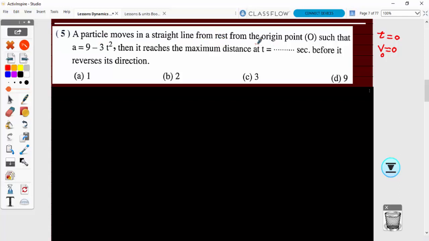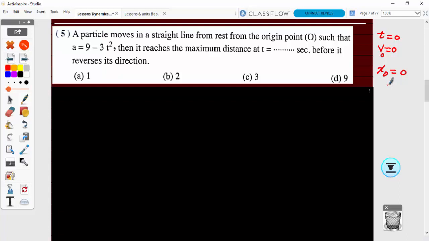Okay, from the origin point O. Here, you must consider x naught equals 0 also. At the origin point O, x naught, the position vector, equals 0.